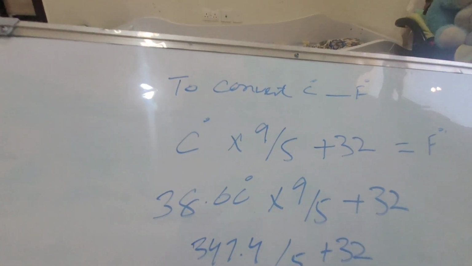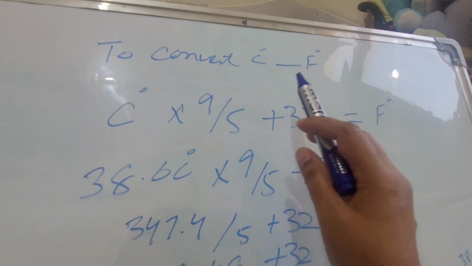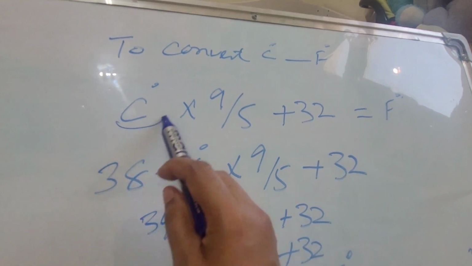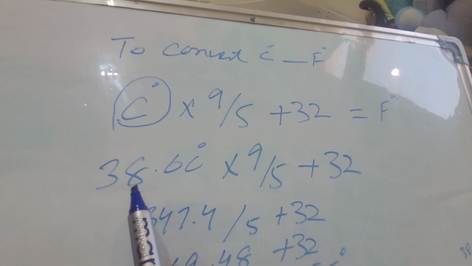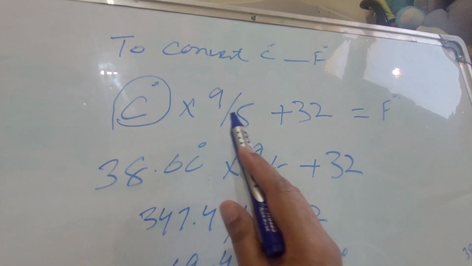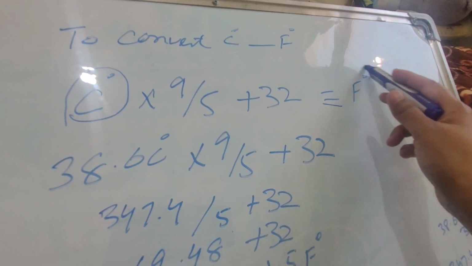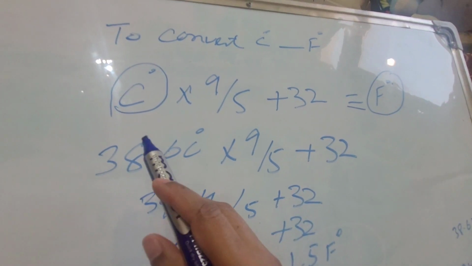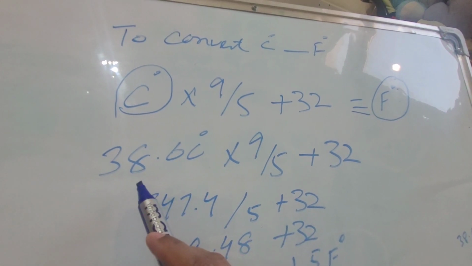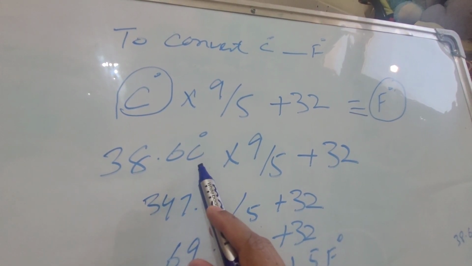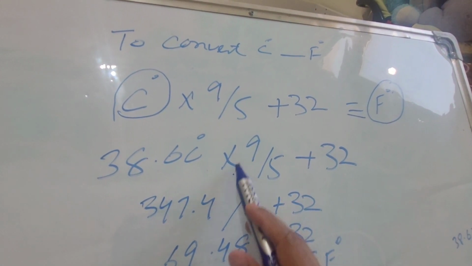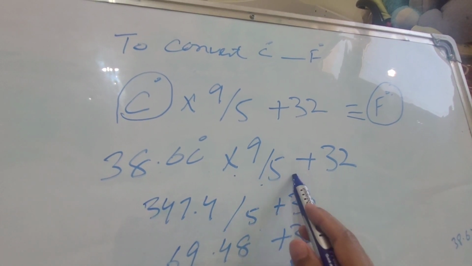I will revise for you how to convert Celsius to Fahrenheit. First, the Celsius degree reading will come, multiply 9 by 5 plus 32, and the answer will come here in Fahrenheit. So for example, the patient temperature is 38.6 centigrade degree, multiply 9 by 5 plus 32.